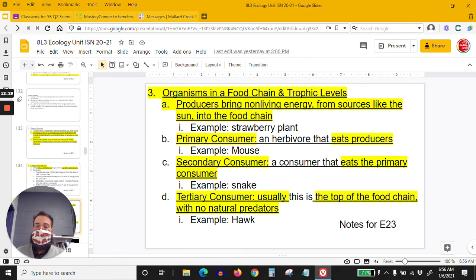It would be a secondary consumer when it ate the grasshopper that ate the grass. That's where you get into food webs. The secondary consumer eats the primary consumer, and the tertiary consumer is usually the top. They eat the secondary consumer. If there is a fourth or quaternary consumer, it would eat the tertiary. So it's literally producer, 1, 2, 3.